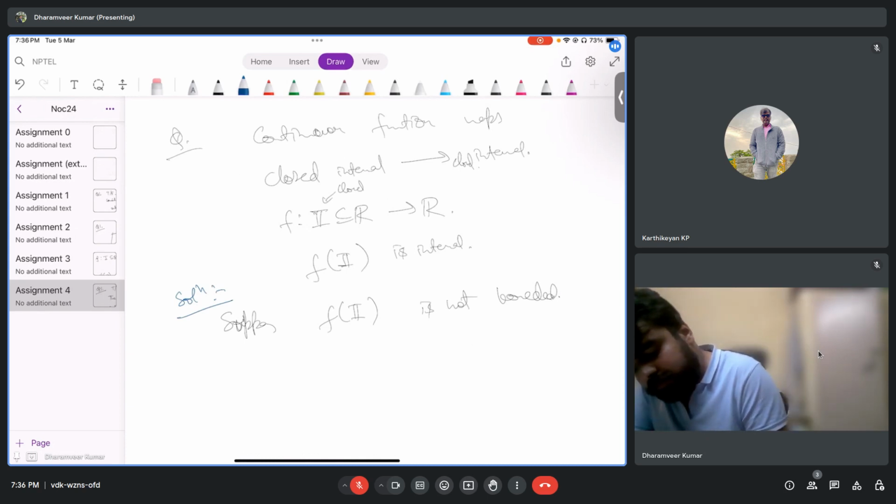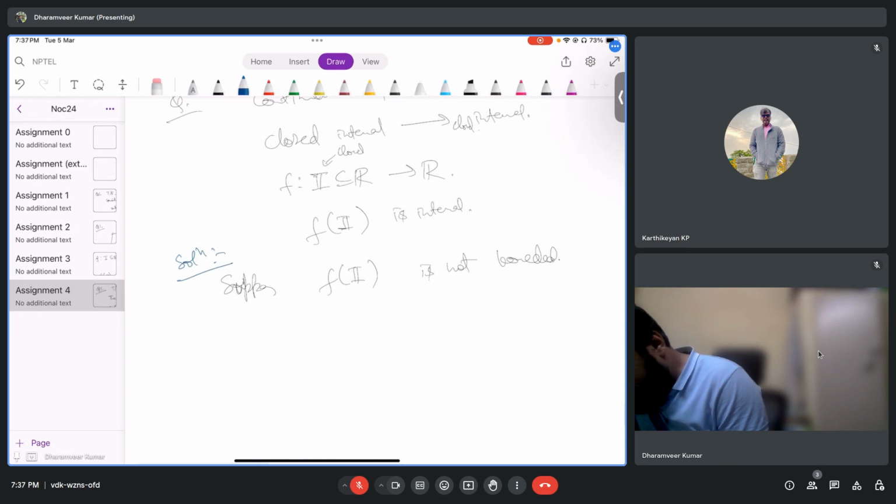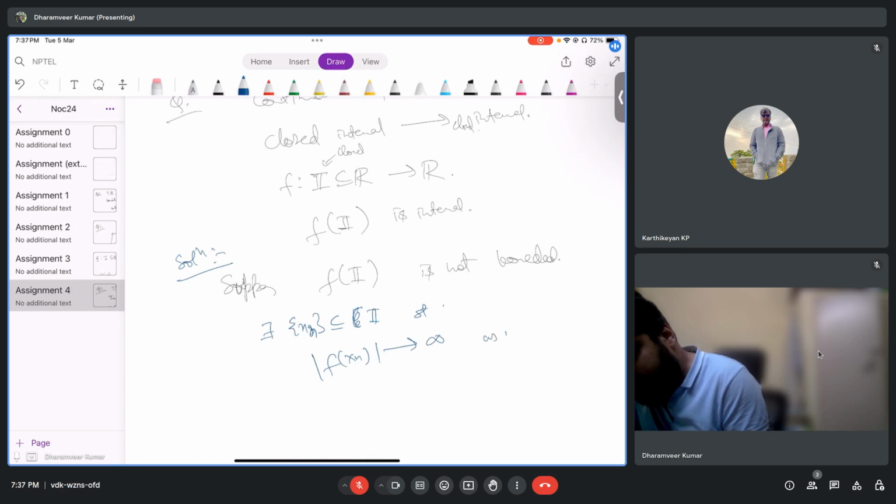That means there exists a sequence in the interval such that mod f of xn goes to infinity as n goes to infinity.